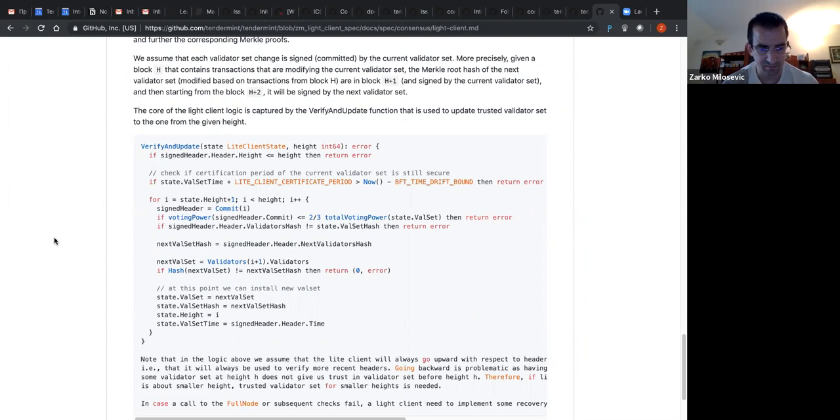Yeah, that's right. Okay, and what is outside the scope of this version of the spec is how we are really submitting the proof of misbehavior, and how we ensure that we can really obtain this.